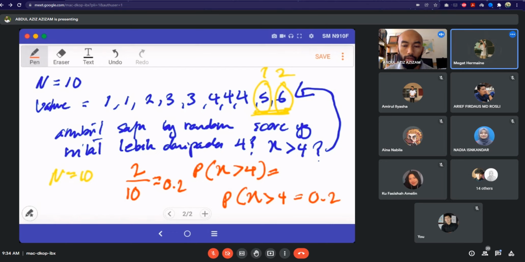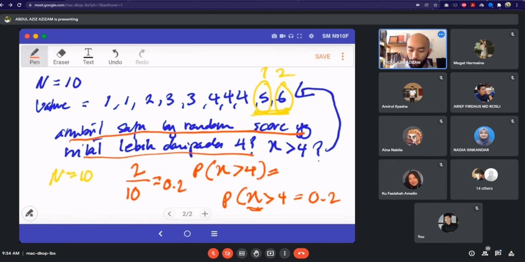So yang X tu apa sir? Okay, X ini simbol lah. X ini kita nak cari tadi kan. Sebab soalan dia nak ambil satu random score yang nilai lebih daripada 4. So, kita letakkan dulu X. Ini boleh jadi X ke, P ke, B ke, tak kisahlah. Faham tak? Okay, faham. Yang mana yang 2 tu yang 5 dengan 6 tu kan sir?